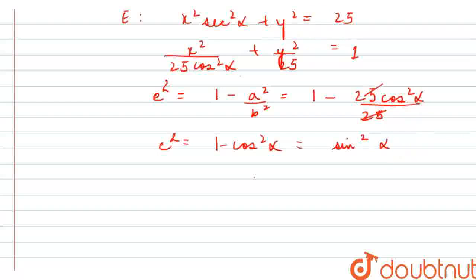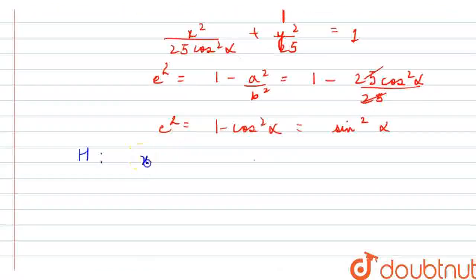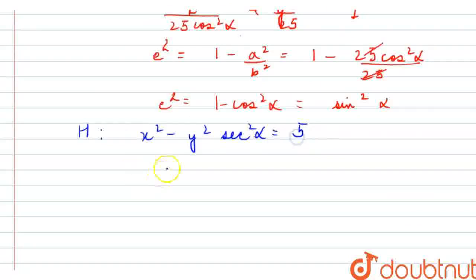Now let's consider the case of the hyperbola. So the equation for the hyperbola is given to us in the question as x square minus y square secant square alpha is equal to 5. So write it in the cos form and dividing whole of the equation by 5, I get x square upon 5 minus y square upon 5 cos square alpha is equal to 1.